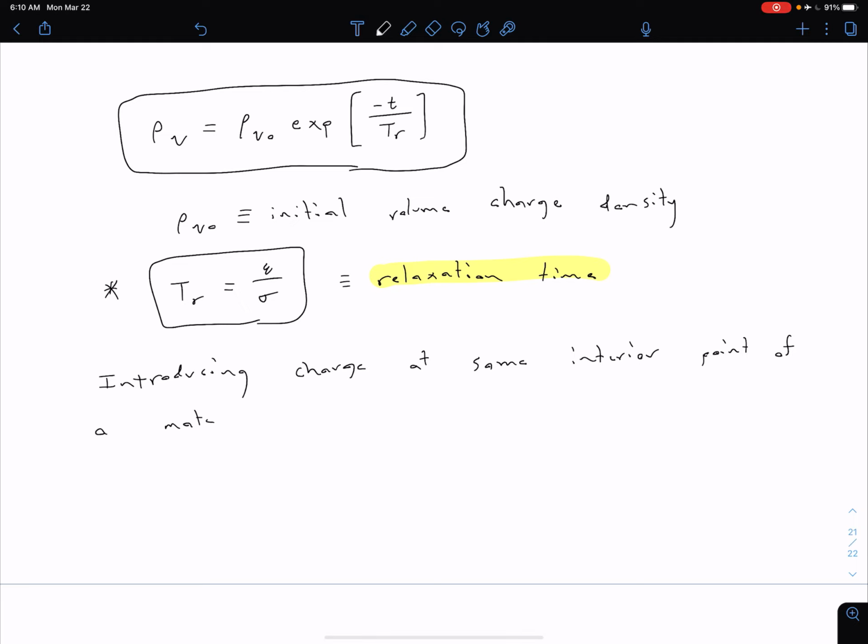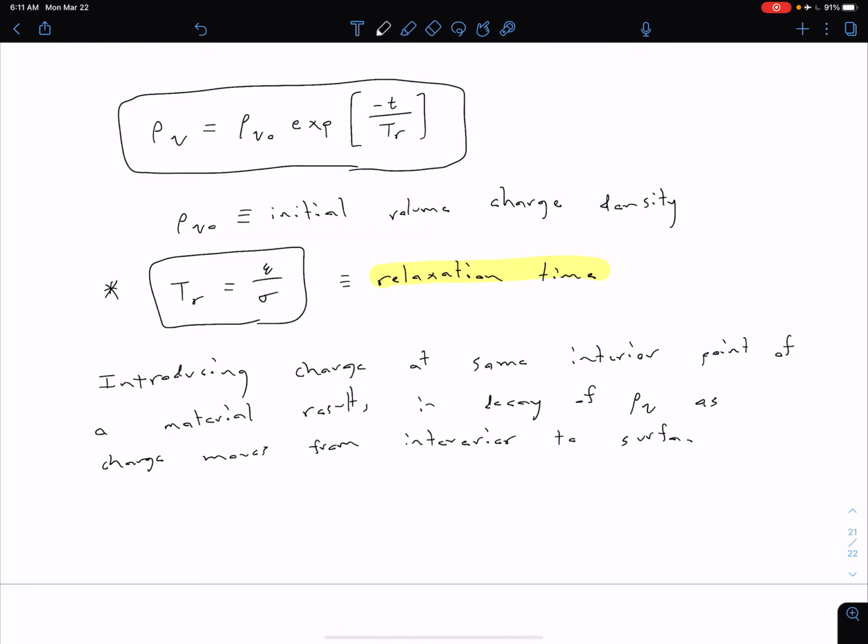That's going to result in a decay of our rho v as our charge moves from interior to surface. And essentially that's just writing out explicitly what I was describing earlier.